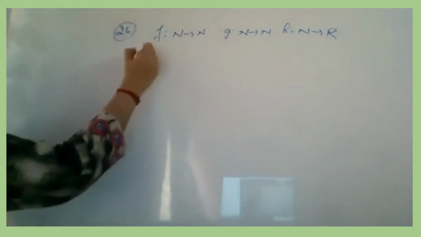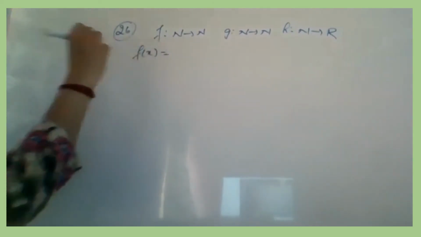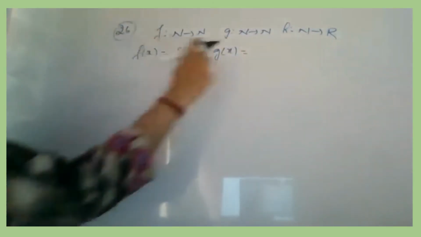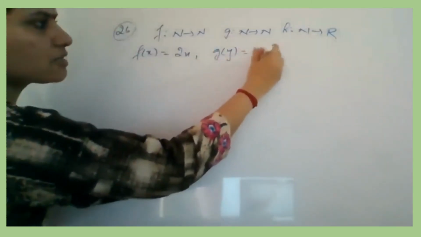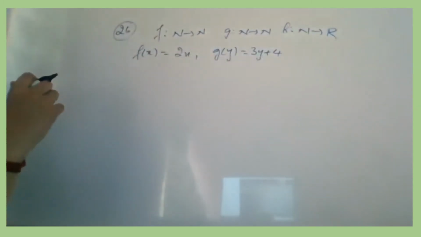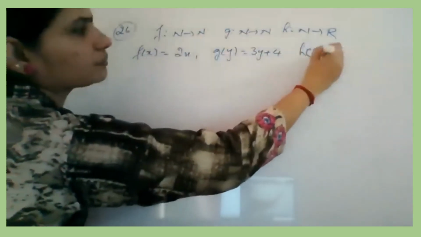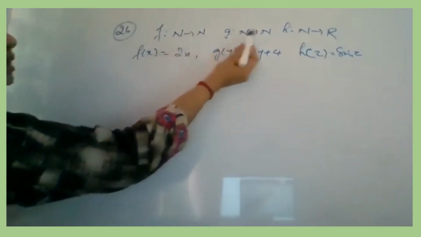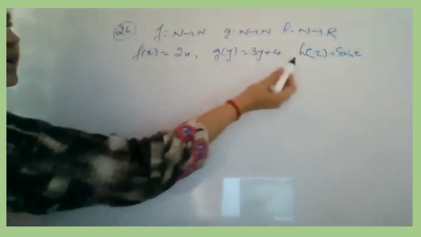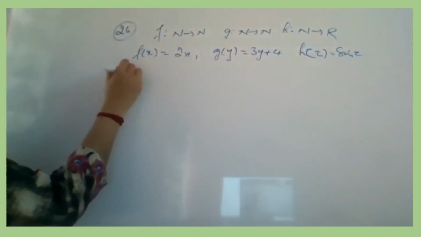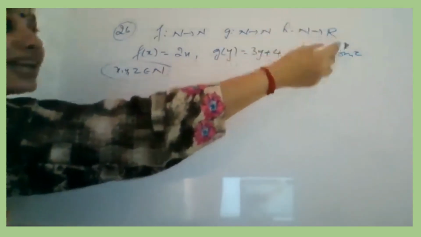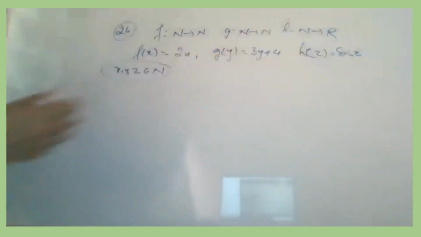They are defining f of x as 2x, g of y as 3y plus 4, and h of z as sin z, for all x, y, z in n, because the domain of all of them is n. Only the last one contains r, that is h of z. That means sin z will be a real number.